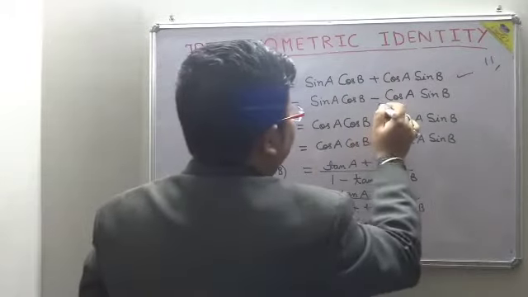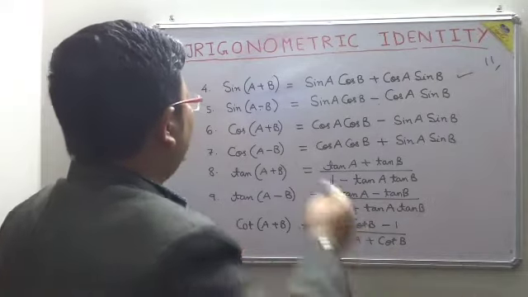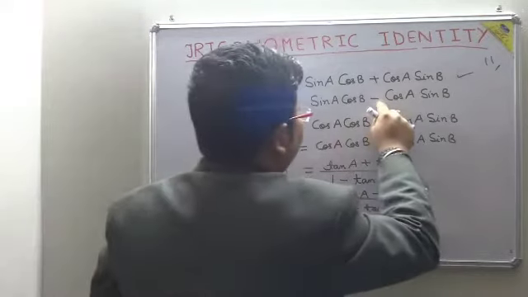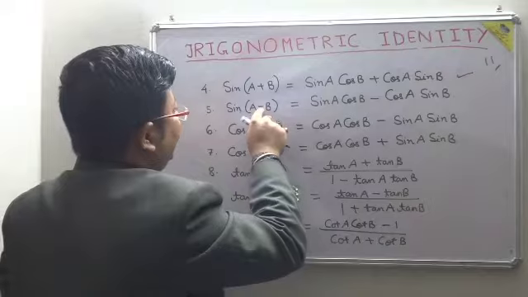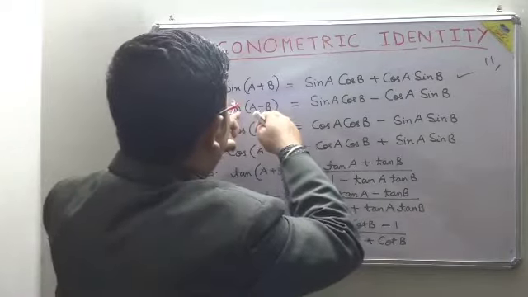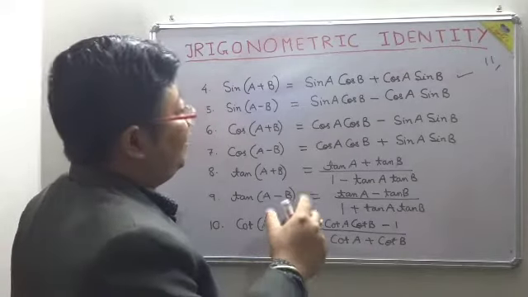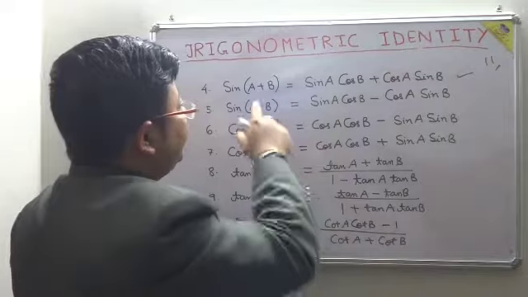Sin A cos B minus cos A sin B. Same formula as A plus B, but minus sign here because minus is there. It will be the A minus B angle. It is known as a compound angle because the summation or difference of two or more angles is a compound angle.